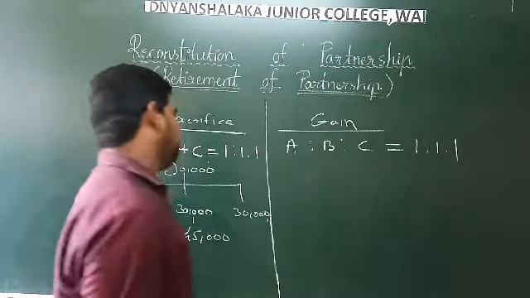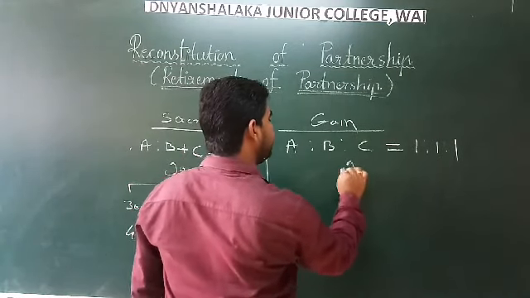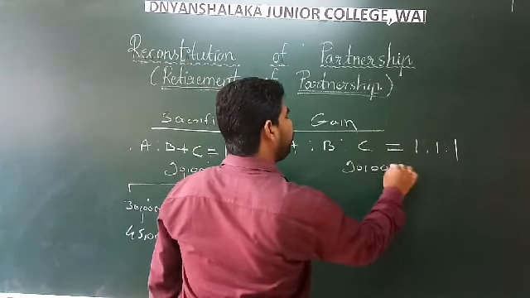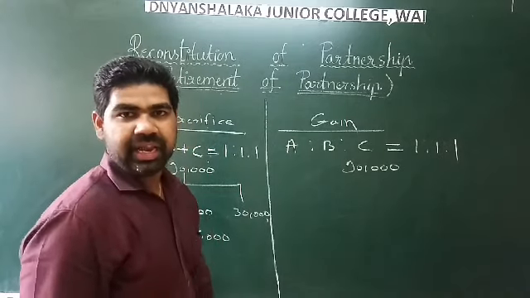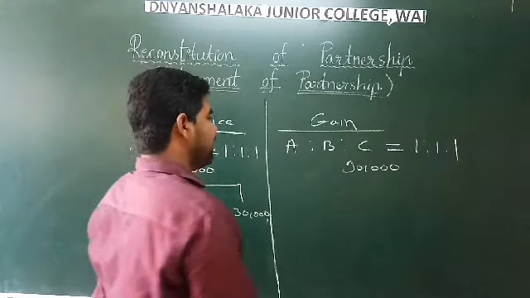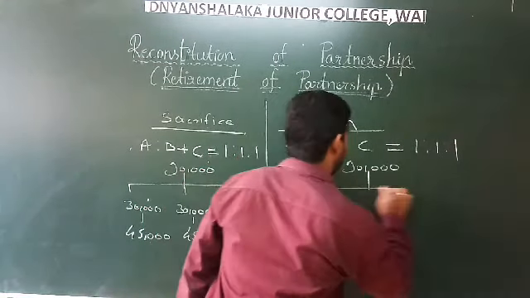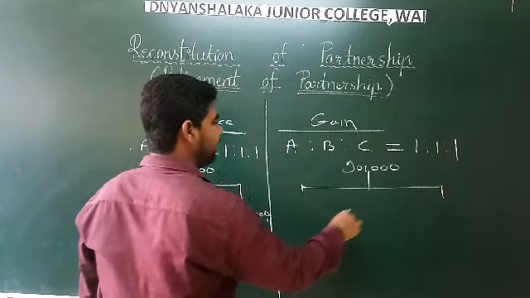Now the same example we consider. How much profit do they earn? They earn the profit of rupees 90,000. Means how can we distribute this profit of rupees 90,000?